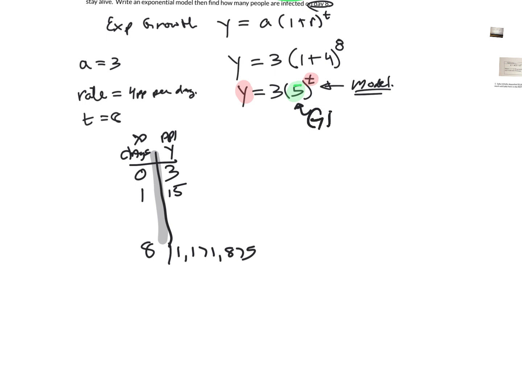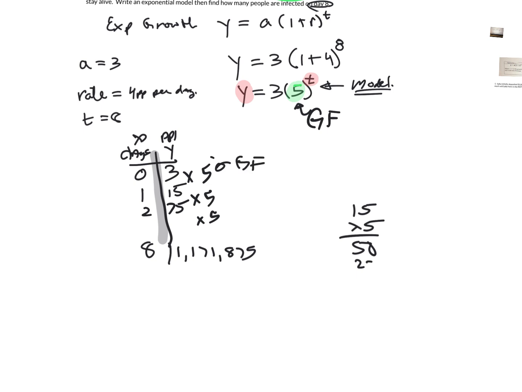And the growth factor is what you can multiply to get to the next day. So we could have just gone 3 times 5 and then 15 times 5. So 15 times 5 is 75. And then we could do 75 times 5, etc. And so remember, that's your growth factor.